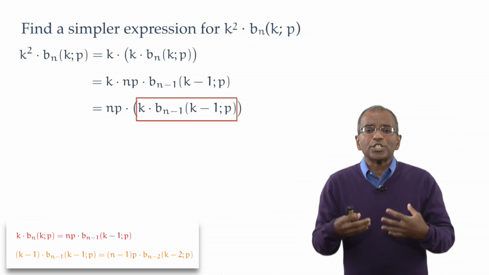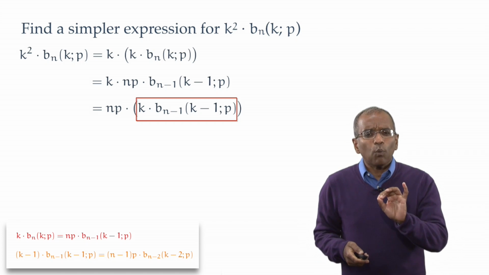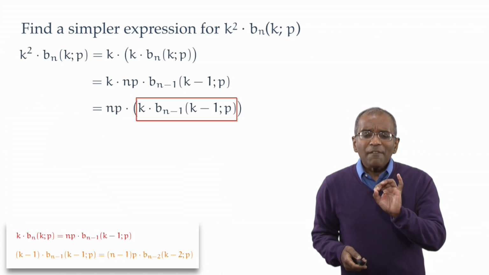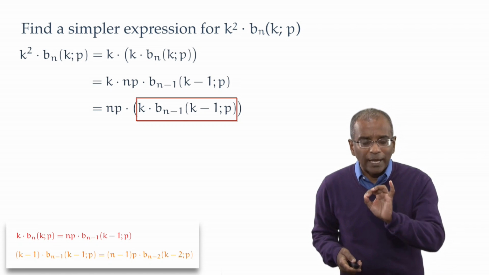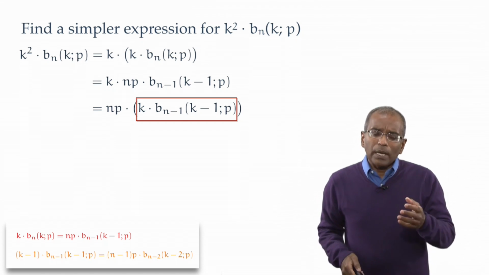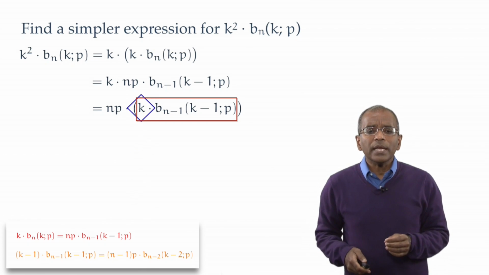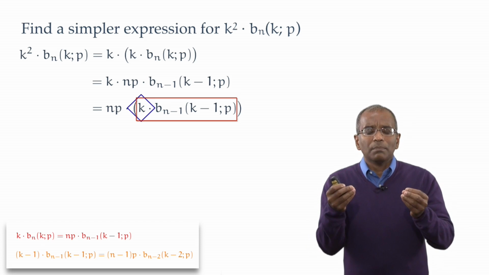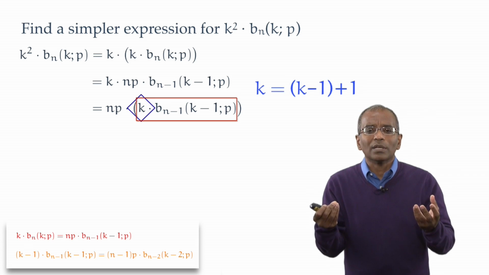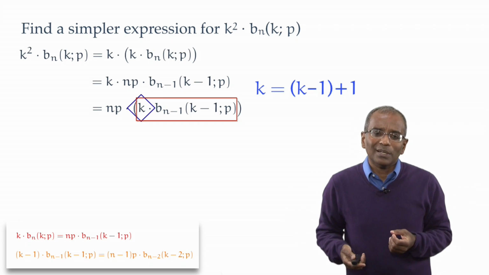That looks suggestive of the second of our basic identities, except for one small thing. If I had k minus 1 instead of k, then I could directly use the second basic identity. Well, no matter. Let's start with k and simply replace it by k minus 1 plus 1 by the simple expedient of subtracting 1 and adding 1.